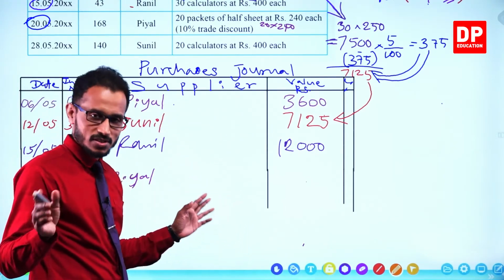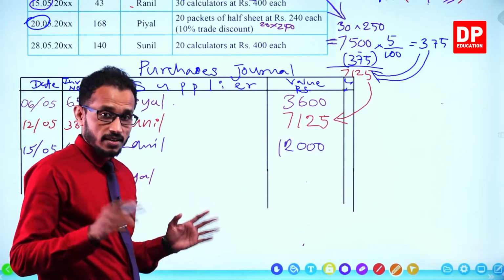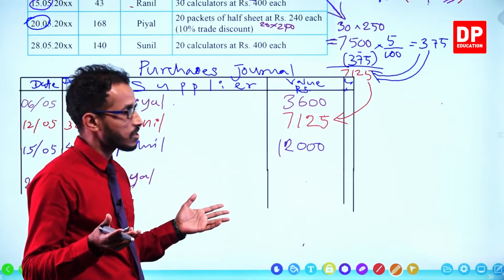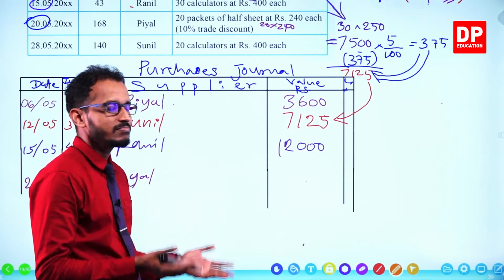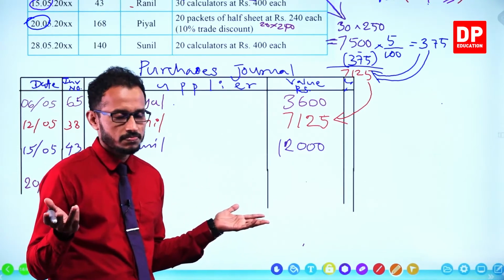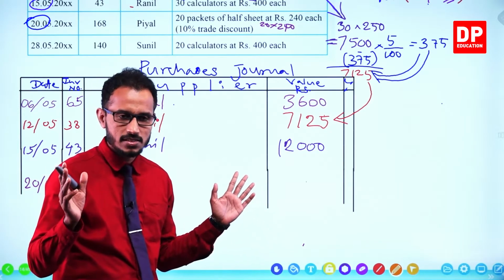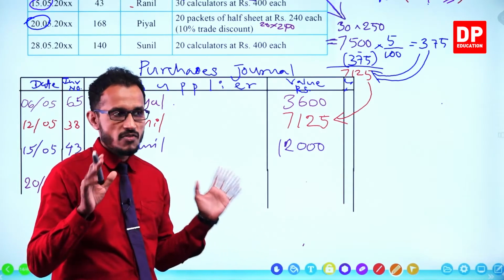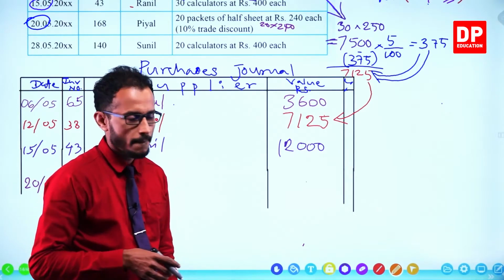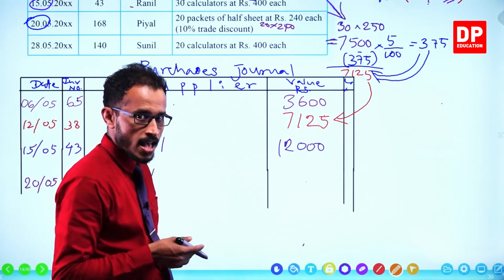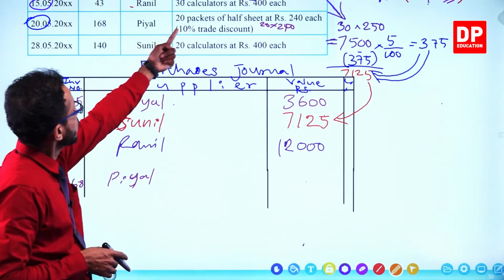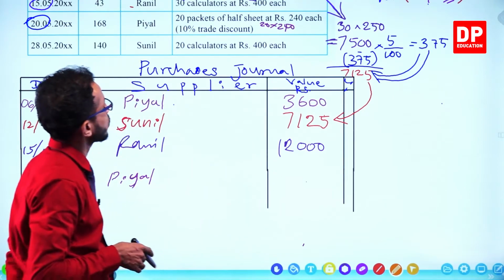Well, I'm doing the calculations right here without showing you the workings, because these are such simple calculations. There's nothing to show you every time that we get a calculation. You agree with me, right? 20 into 240, that is 4,800.